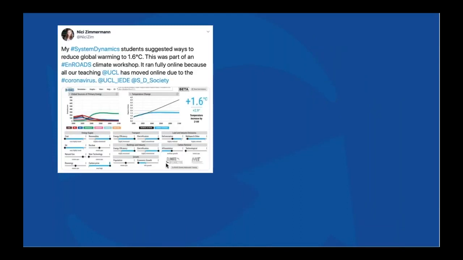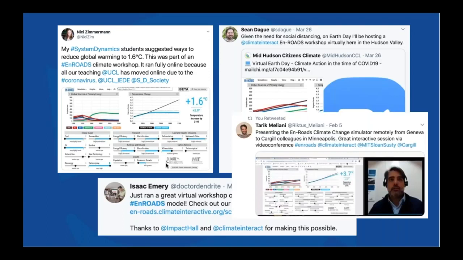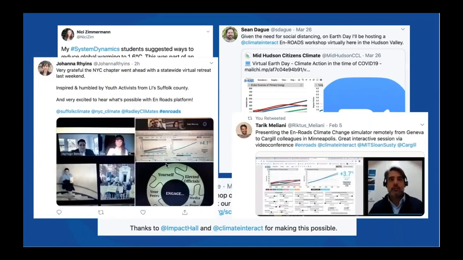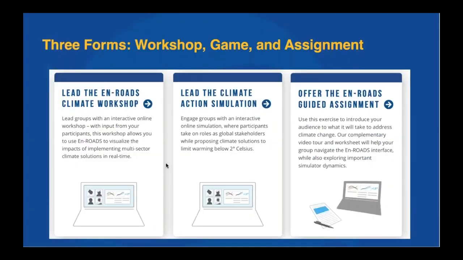Here's Nikki Zimmerman writing on Twitter about her students participating in an event. Sean, Isaac, Tarek, Johanna, Yaron, and so you can see lots and lots of people around the world have been already starting to experiment and try out, how does this work as a way of engaging people?